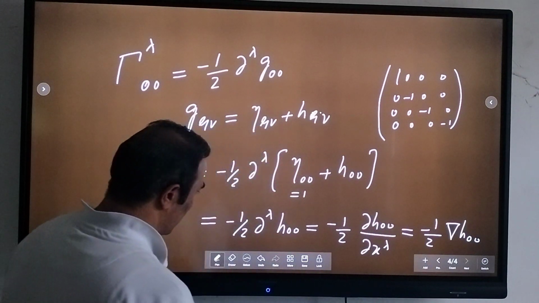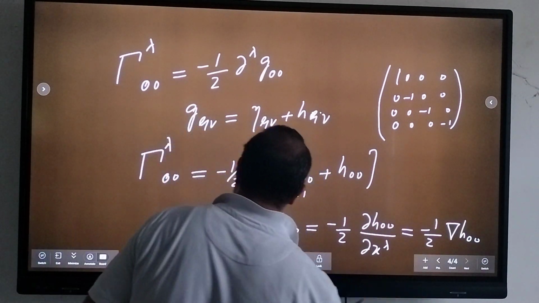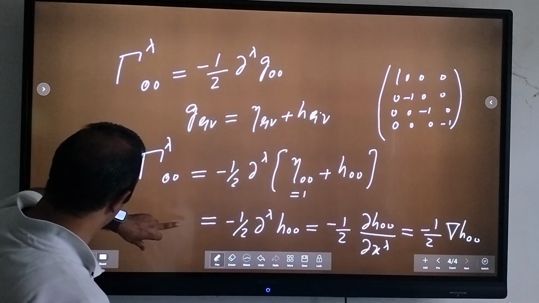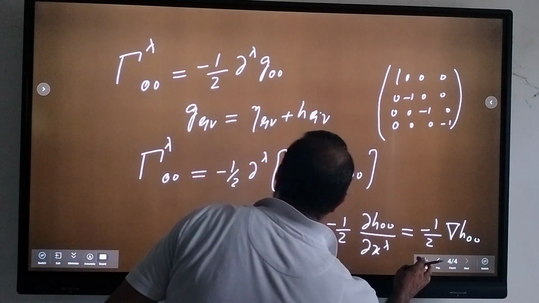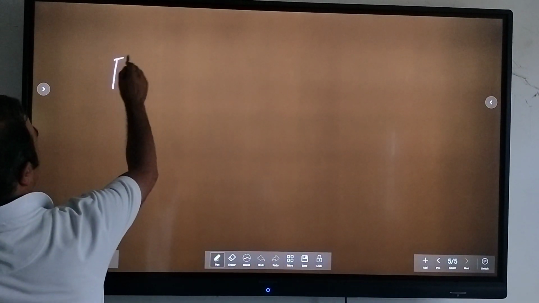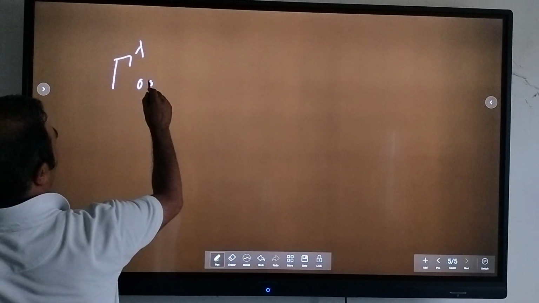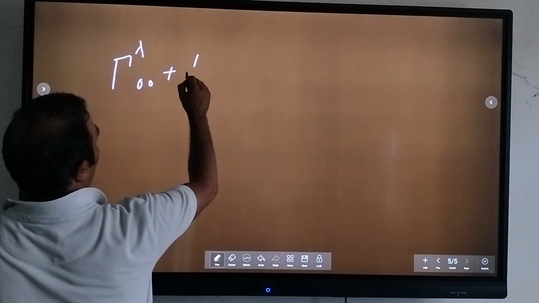Now if you compare this, I can write this as tau lambda 0 0, which is equal to this, plus 1 by 2.